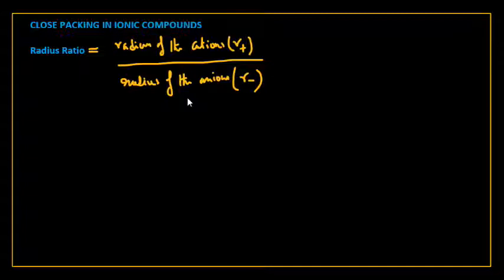Eventually, the greater the radius ratio, the larger the size of the cation, and hence the greater the coordination number. The relationship between the radius ratio, the coordination number and the structural arrangement is called the radius ratio rules. So what are these rules?